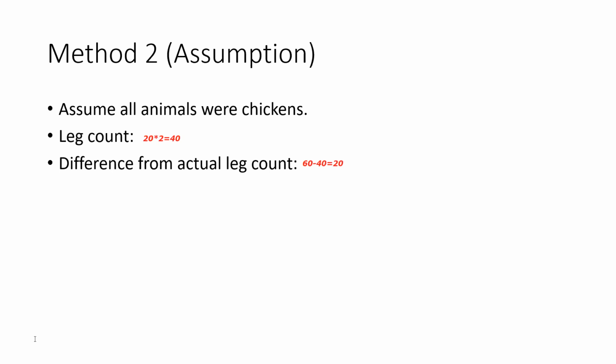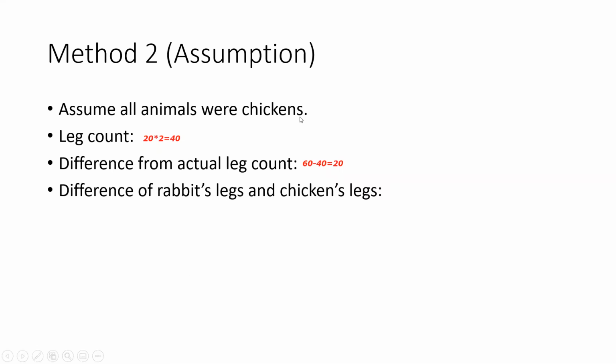All right. After that, the difference between a rabbit's legs and a chicken's legs. We're talking about one chicken and one rabbit. We all know that the difference will be the rabbit's 4 legs minus the chicken's 2 legs, equals 2 legs.